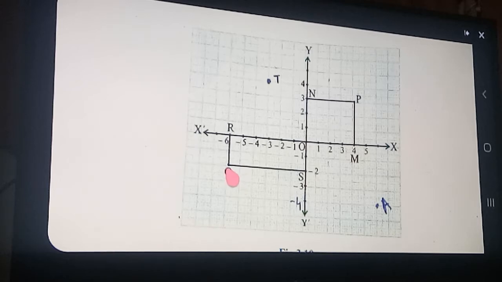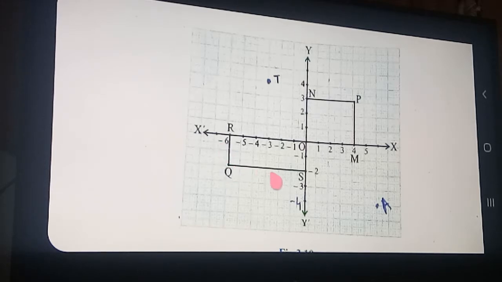Next, another point is here. This point Q, listen. You want to locate this point. You already know the position, but you want to know its x coordinate and y coordinate. Therefore do the same procedure. Draw a perpendicular to the x-axis from the point Q and a perpendicular to the y-axis from the point Q. From the point Q, the perpendicular to the x-axis meets at the point R. The number corresponding to R is minus 6.